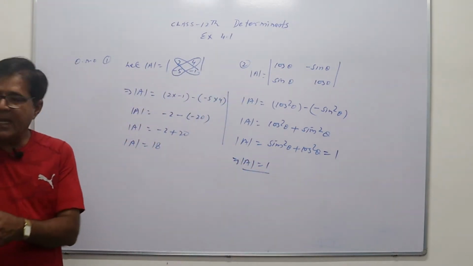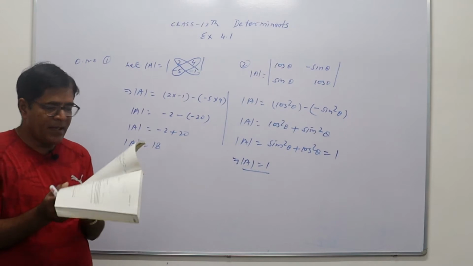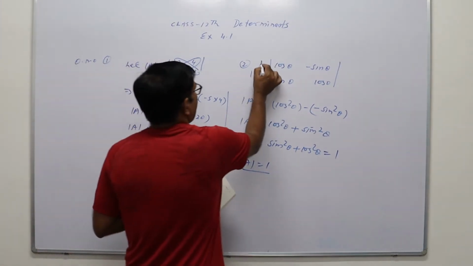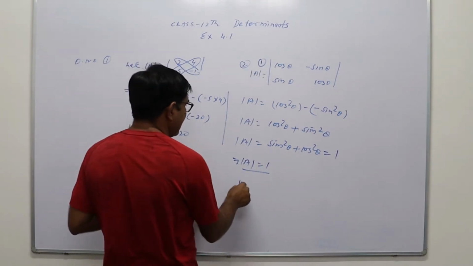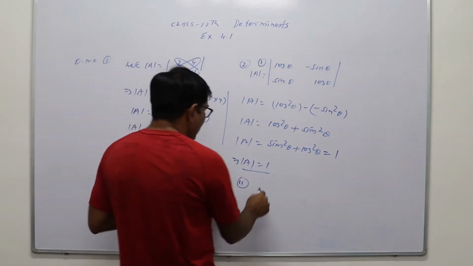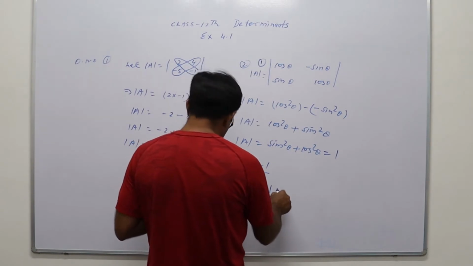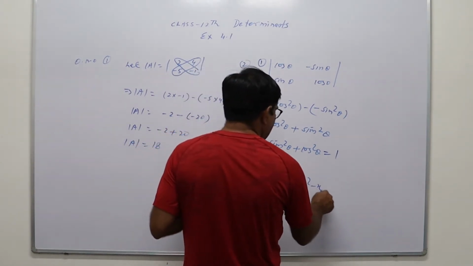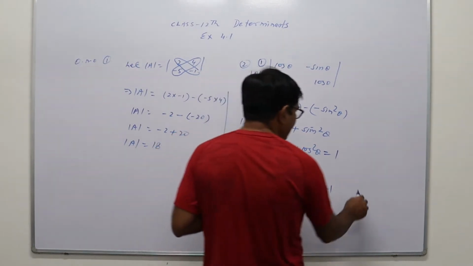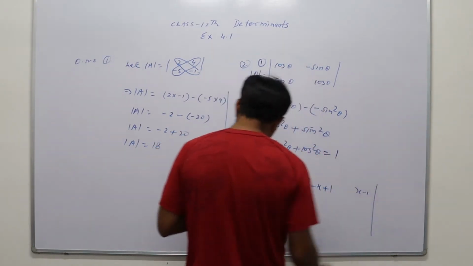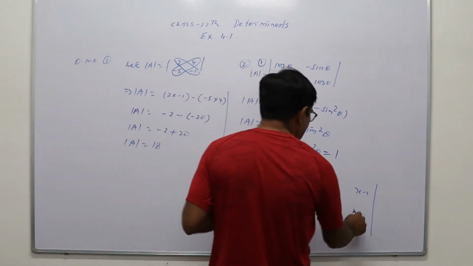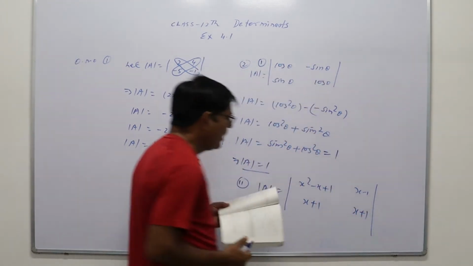Now next question. This was the first part of the second question, and the second part is: find the determinant. The determinant is given as x square minus x plus 1, x minus 1 in the first row, and the second row is x plus 1, x plus 1.